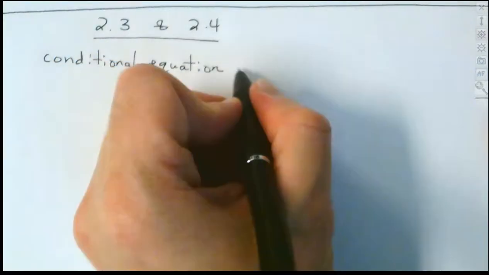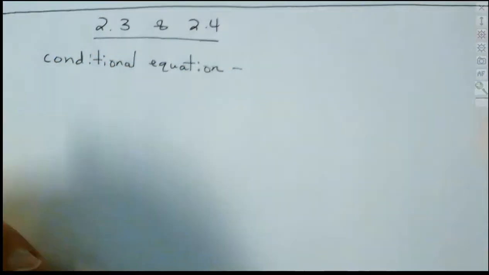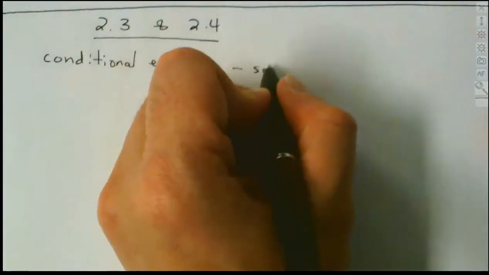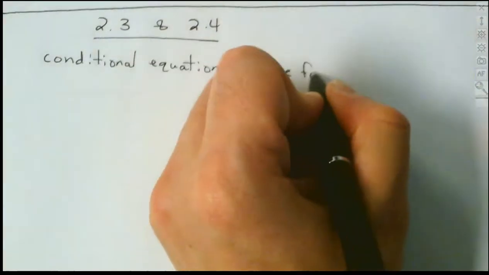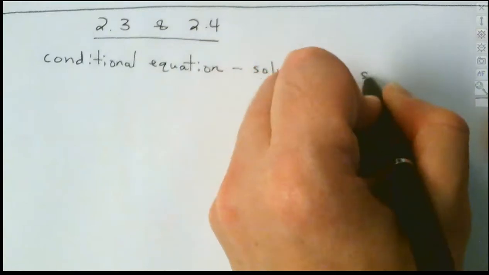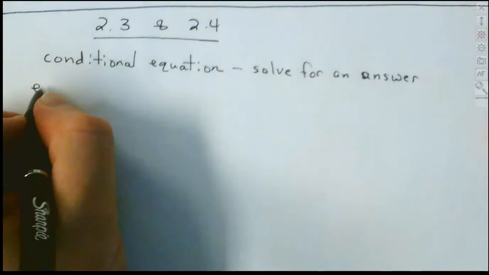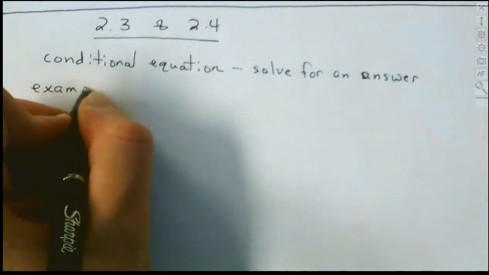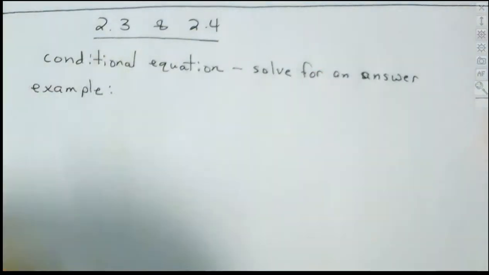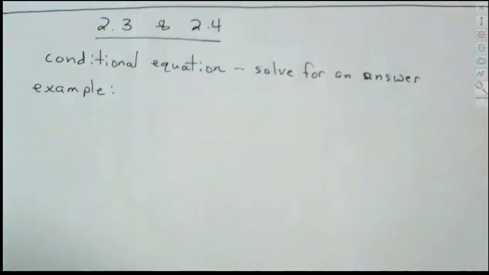And for the conditional equation, we solve it and we get an answer. All of the ones that we have done before have been conditional. Okay, so everything we've done before has been conditional.